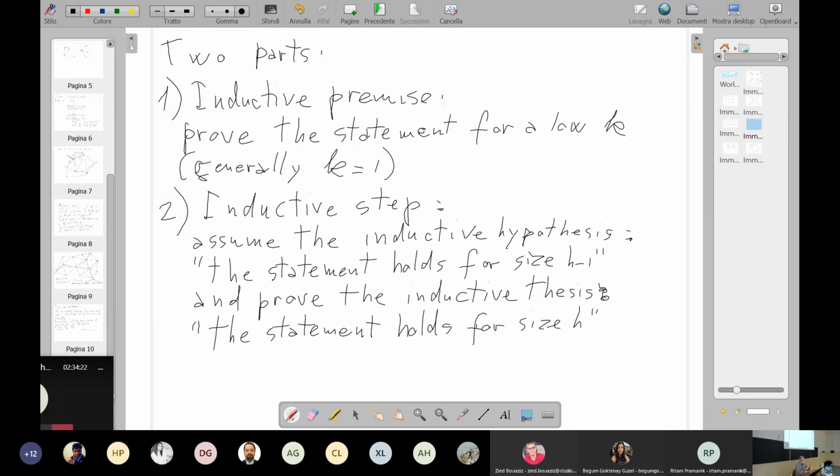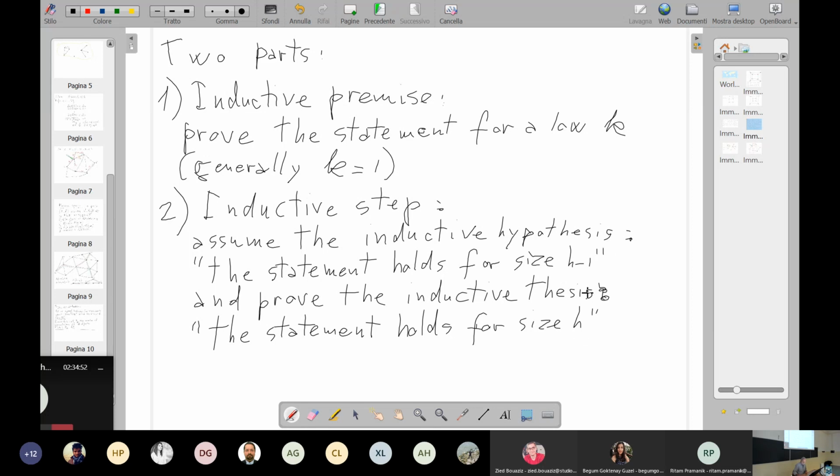And then you can build step 2 because step 1 has been done, and then you can use the same loop: step 2 has been done, so out of it I can do step 3, and so on and so forth. The same thing is here, not for a construction, but for a proof. If I prove it for k equal to 1, then I can assume that I've done it for k equal to 1, okay?